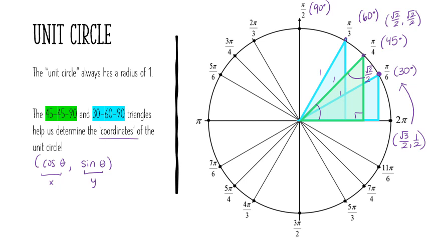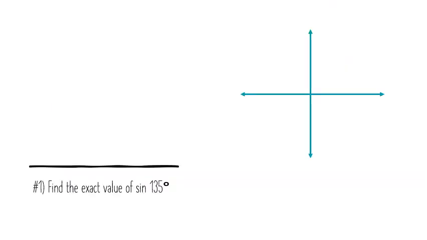Let's maybe look at why this is actually helpful. So this was all about helping us determine the exact values, or the trig values, of particular general angles. Let's do some examples. You'll see questions like this.